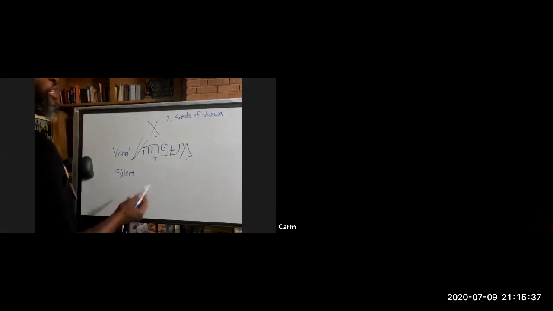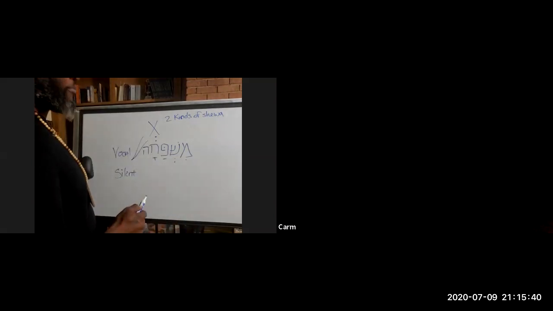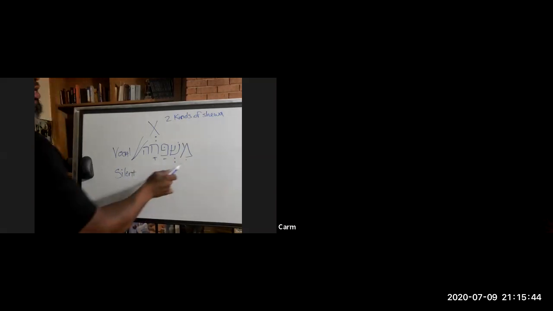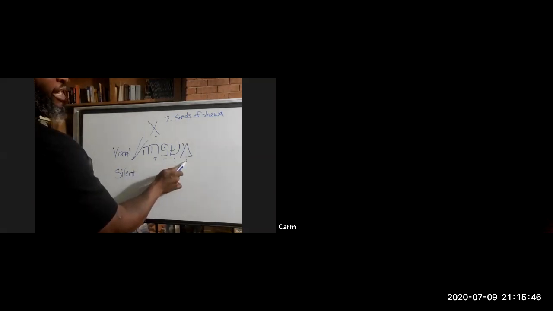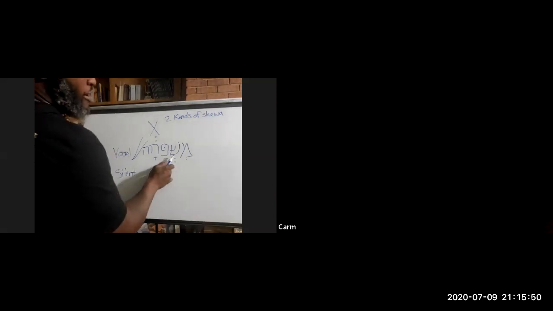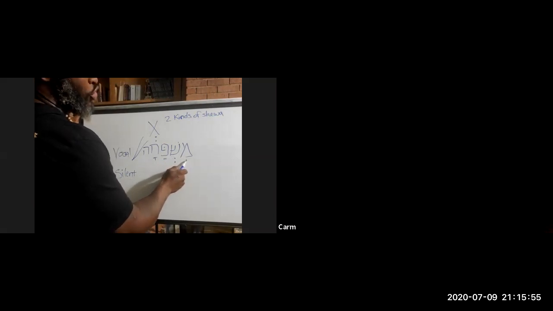Mishpacha. So this is a shewa. Because the chirik by itself, remember, is a short vowel, anytime a letter holding a shewa follows a short vowel, it is silent, meaning it's a syllable stopper.